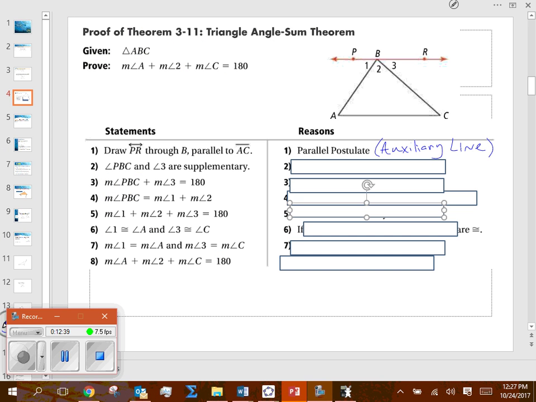When we look at this proof, the parallel postulate that we talked about at the beginning in slide 2 does exist, because if we've got this line AC and point B is not on that line, there exists for certain a line that goes through B that is parallel to AC.